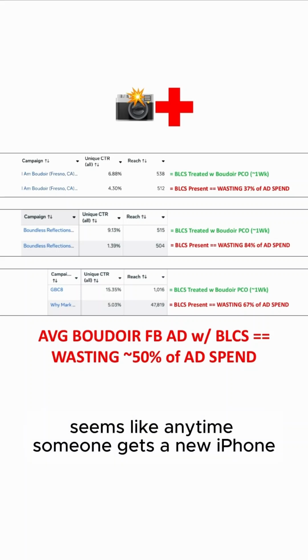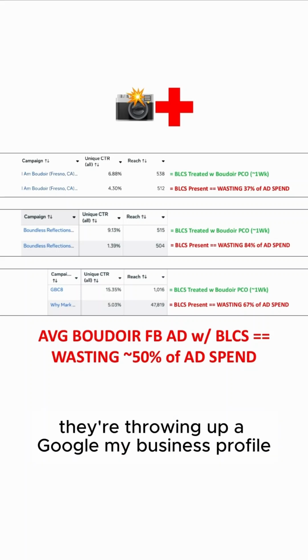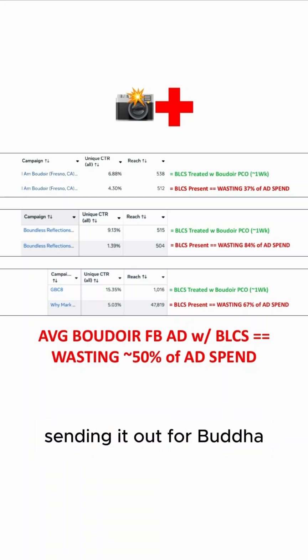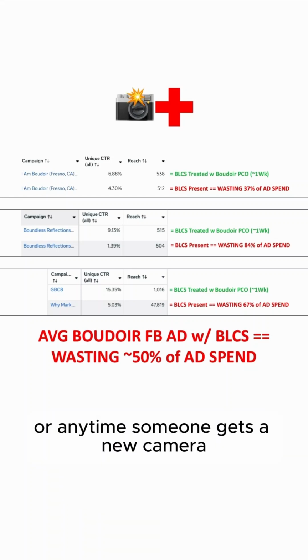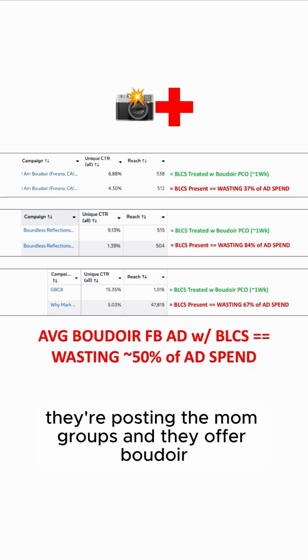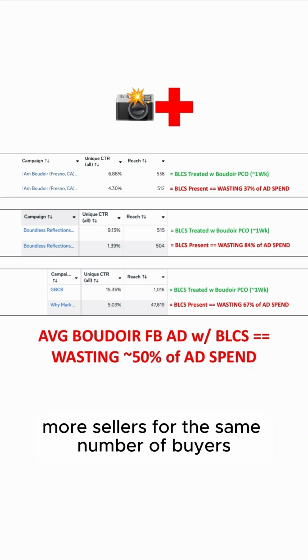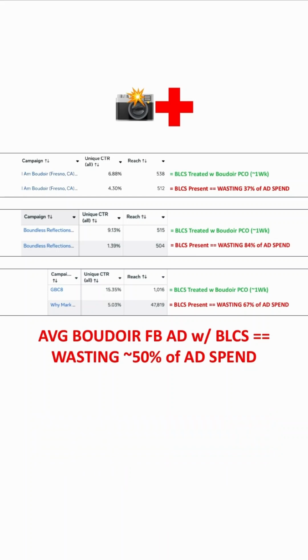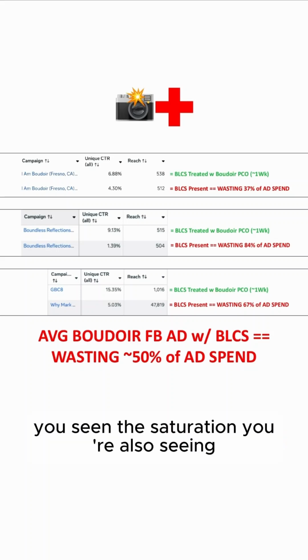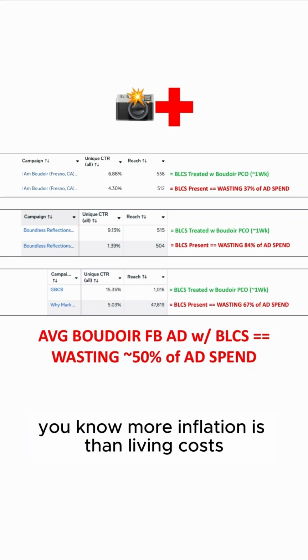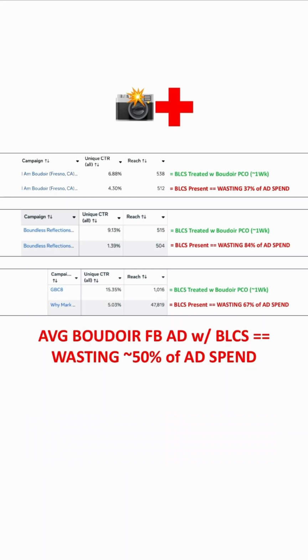Seems like anytime someone gets a new iPhone, they're throwing up a Google My Business profile saying they offer boudoir. Or anytime someone gets a new camera, they're posting in the mom group saying they offer boudoir. So the market's getting more saturated, more sellers for the same number of buyers. They're becoming more competitive. You're seeing the saturation, you're also seeing more inflation and living costs.